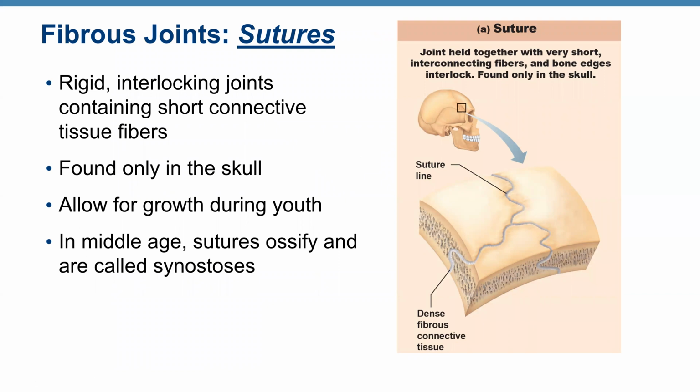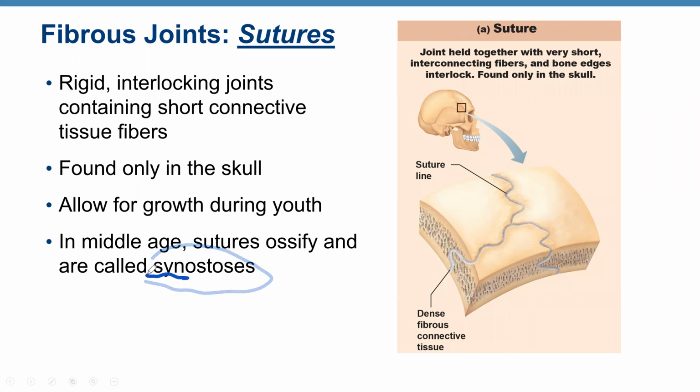I believe we are all very familiar with sutures because we just finished covering the skeletal system and the structure of the skull, and we know that bones of the skull are connected by sutures. So sutures are found only in the skull. They are rigid, interlocking joints containing short connective tissue fibers, allow for growth during youth, and in middle age, sutures ossify and are called synostosis.